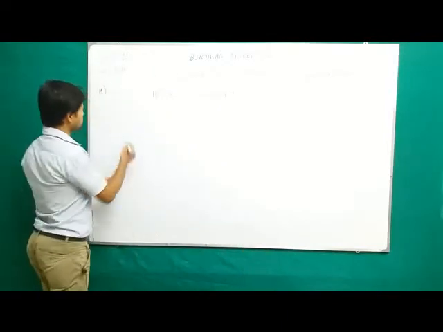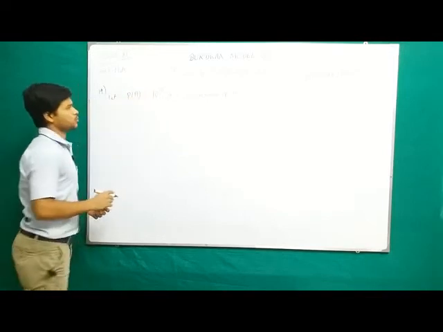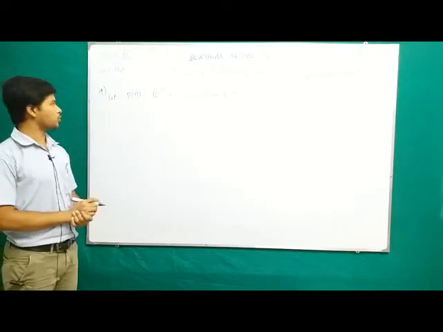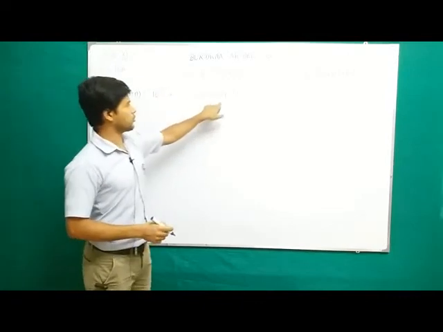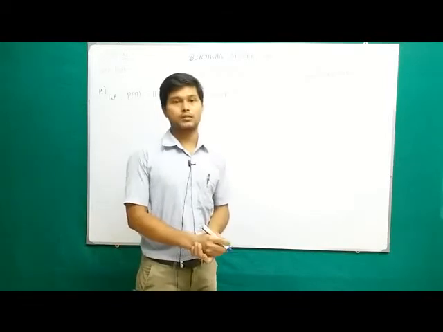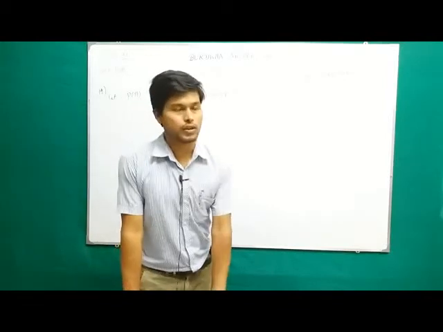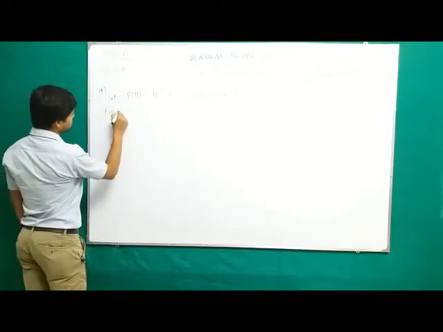Okay, so what we have to do? We have to first consider the given expression as P of n. So P of n is 10 to the power 2n minus 1 plus 1 is divisible by 11. Now we'll check whether this statement is true for n equal to 1 or not. So put n equal to 1.